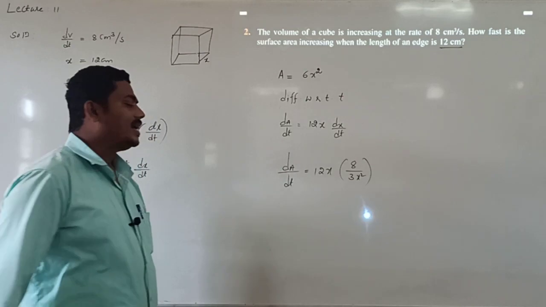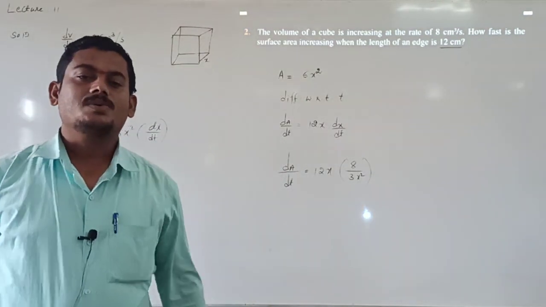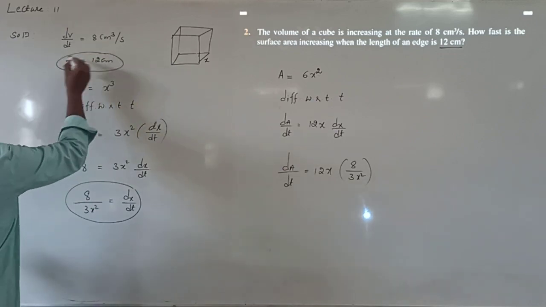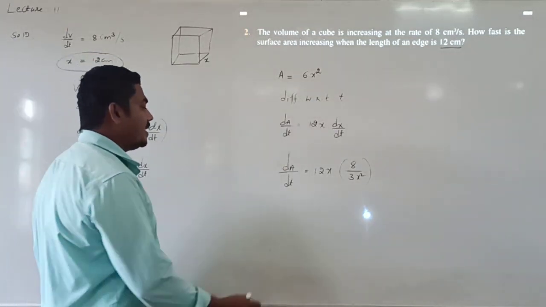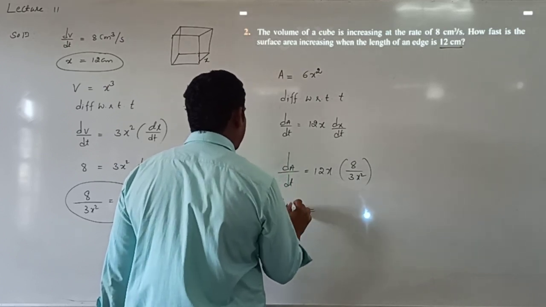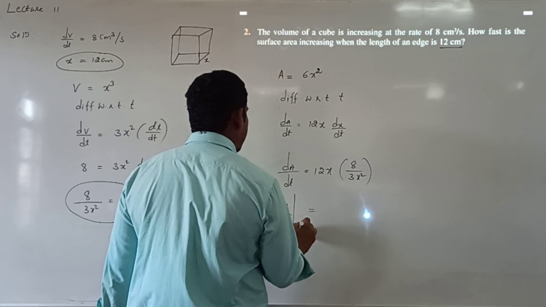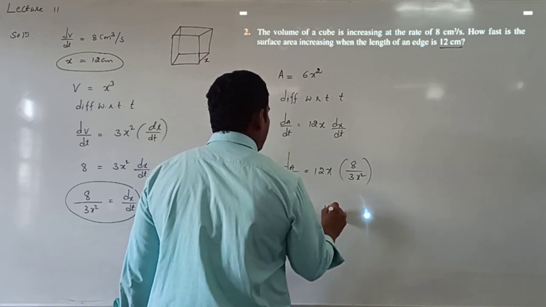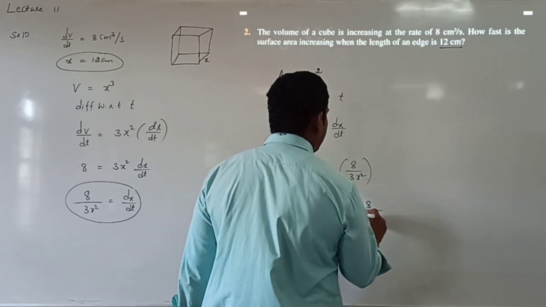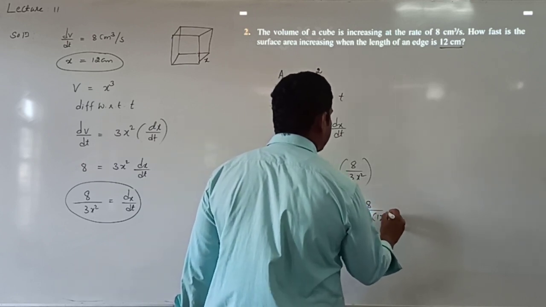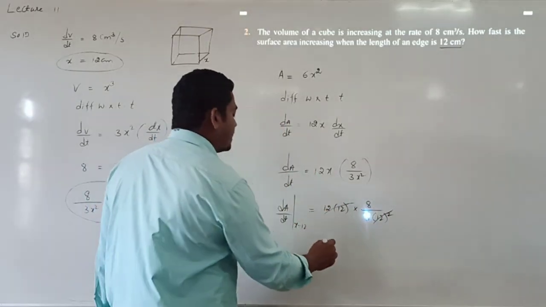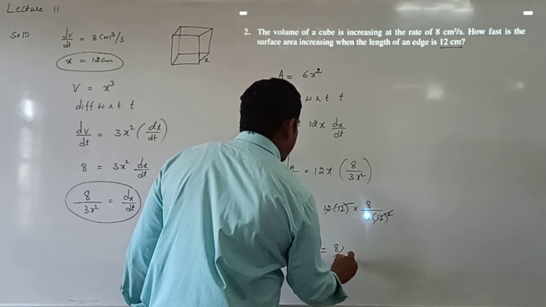After differentiating, put x value 12, already given, when the edge length reaches 12 centimeter. So dA by dt at x equal to 12 is 12 into 12 into 8 divided by 3 into 12 whole square. 12 into 12, 12 into 12 get cancelled, 8 divided by 3.